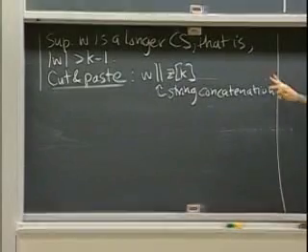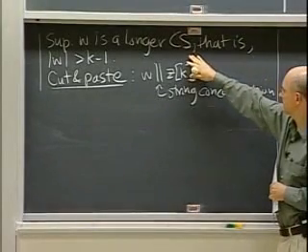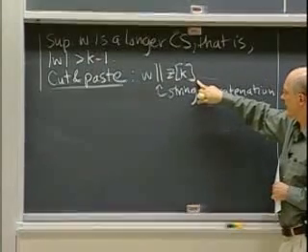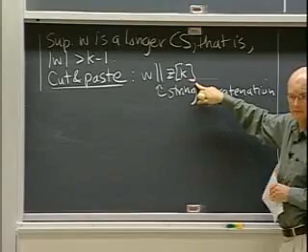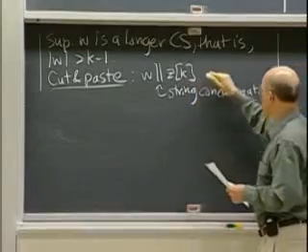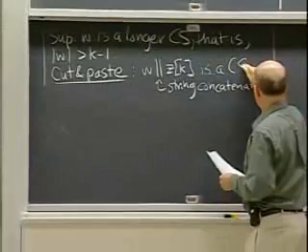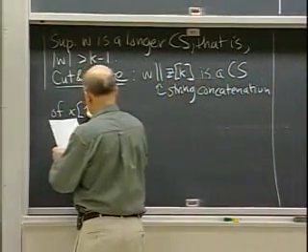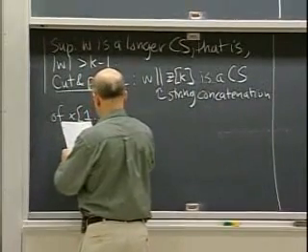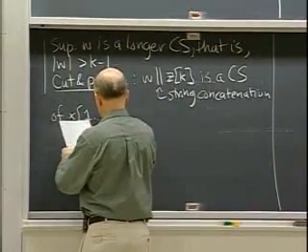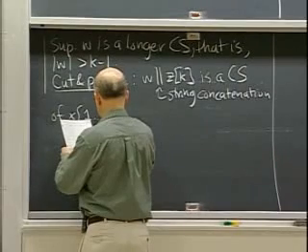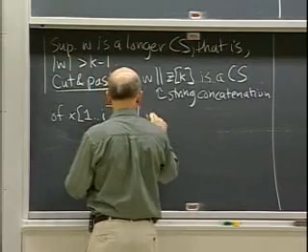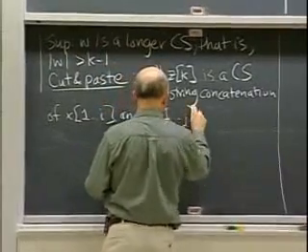So I take whatever I claimed was a longer common subsequence, and I concatenate z of k to it. That is certainly a common sequence of x of 1 to i and y of 1 to j.